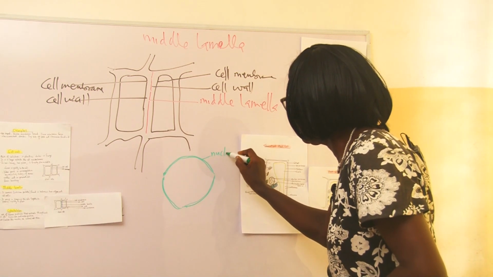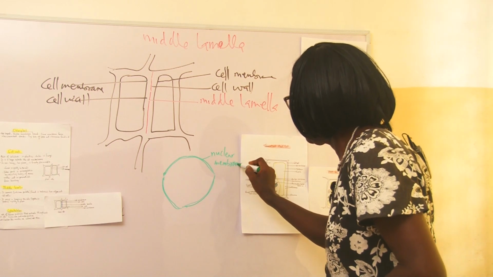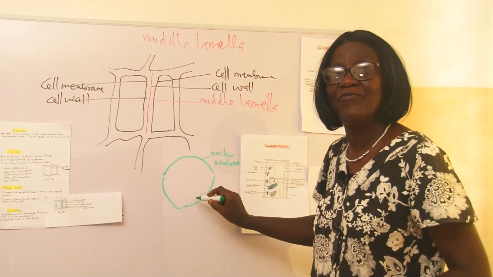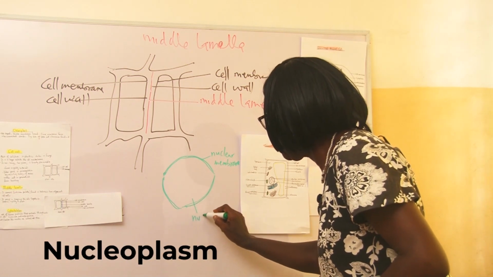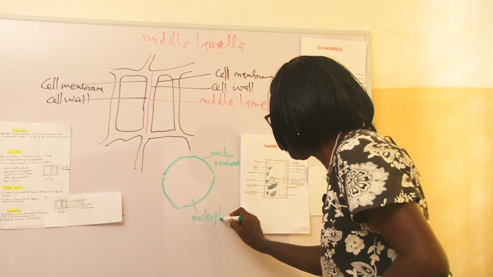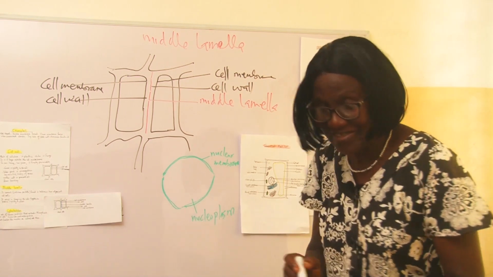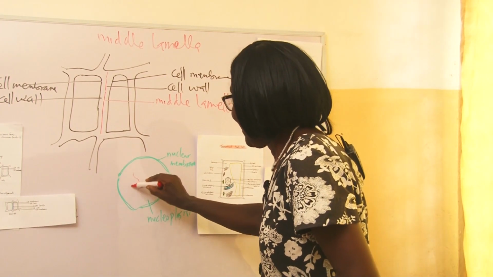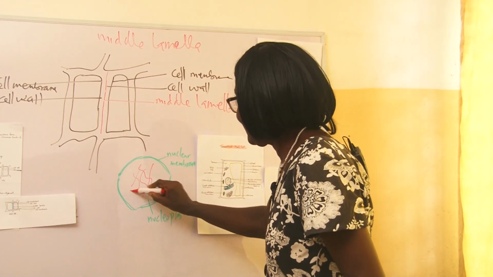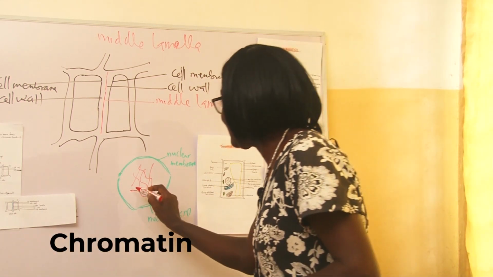Nuclear membrane. And it contains fluid called nucleoplasm. And you know it has the DNA inside. All right, the DNA is normally seen as chromatin material.